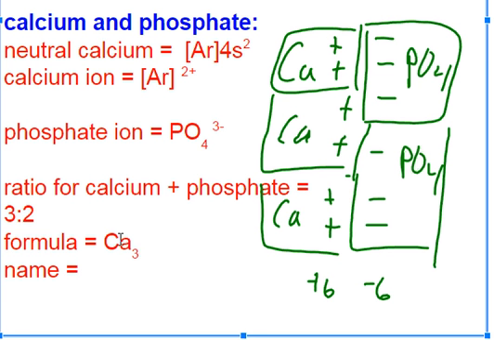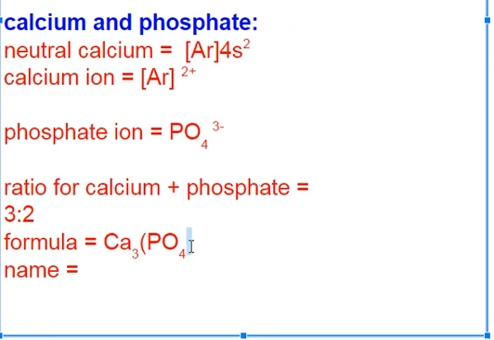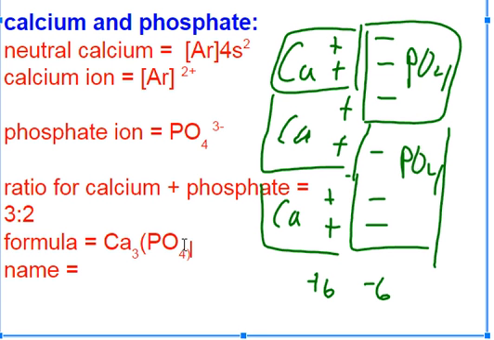And now the phosphate, I've got PO4, but because that's a group and I have more than 1, just like in math, if you want to show a group of more than 1, you put parentheses around the whole group. Parentheses around the whole group, and then use a subscript to tell me how many. So Ca3(PO4)2.